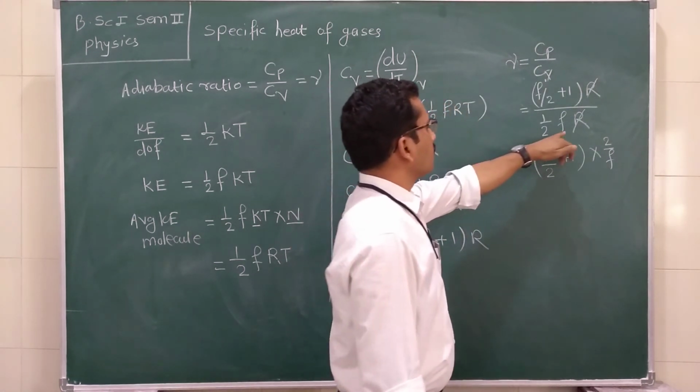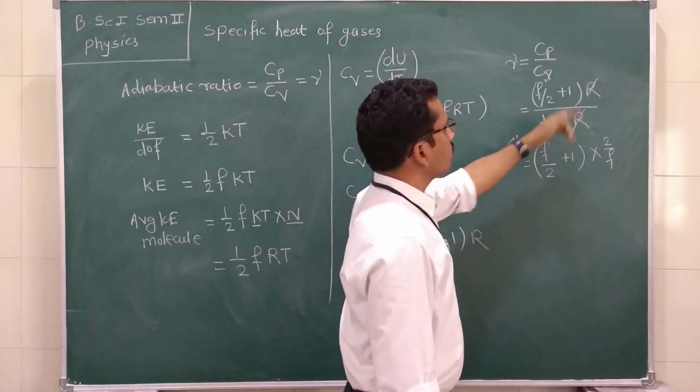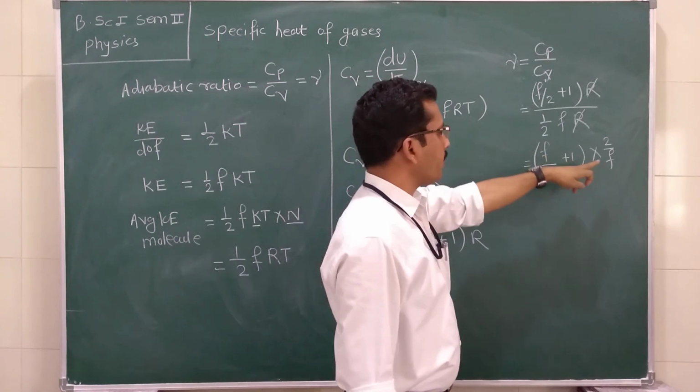The denominator goes into the numerator, so it becomes 2 by f.